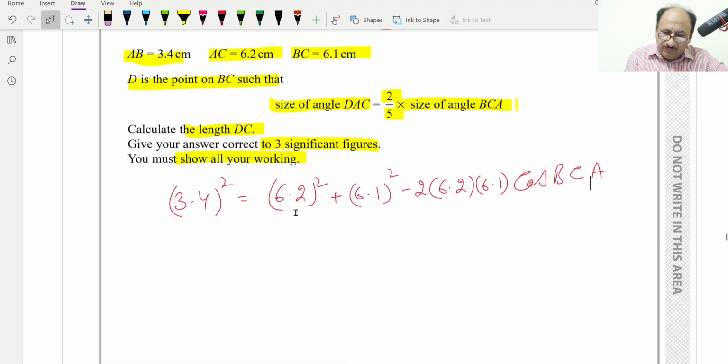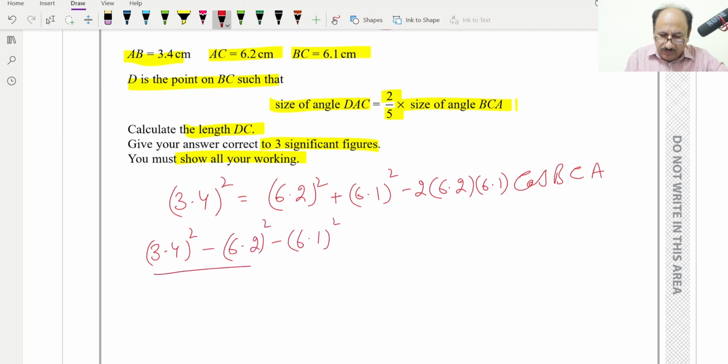So we shift everything to the other side: 3.4 squared minus 6.2 squared minus 6.1 squared, divided by minus 2 into 6.2 into 6.1, is equal to cos of BCA.